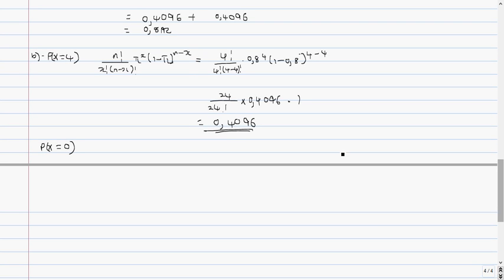So it's exactly the same situation. We're going to use this distribution here. So we're going to say n factorial over x factorial, n minus x, like that, and then pi to the power x.